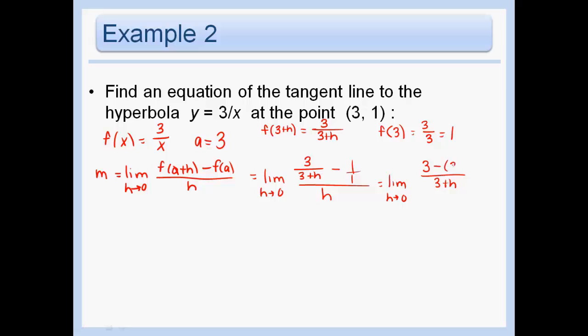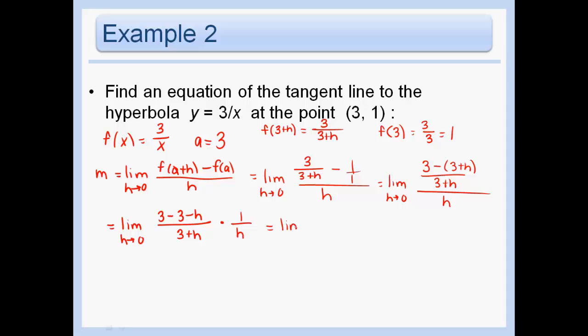Got to do the same on the top. Okay, so let's just simplify that. 3 minus h all over 3 plus h, and then I'm just going to multiply by the reciprocal.